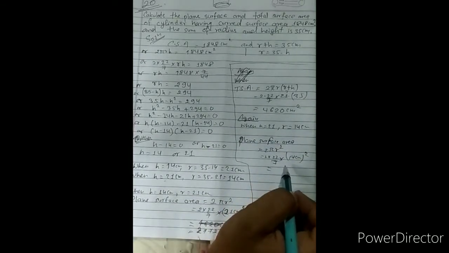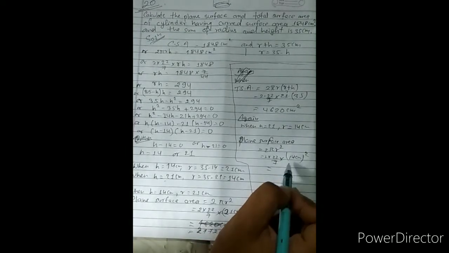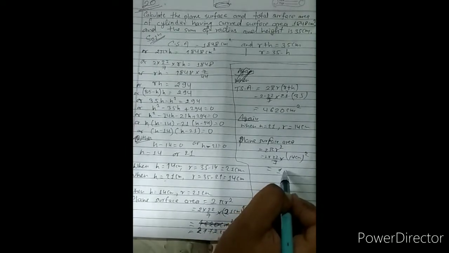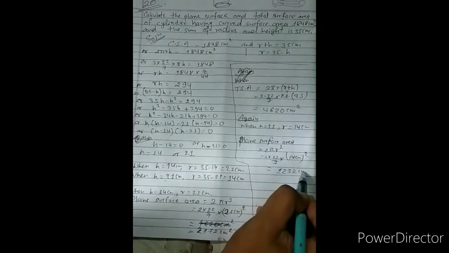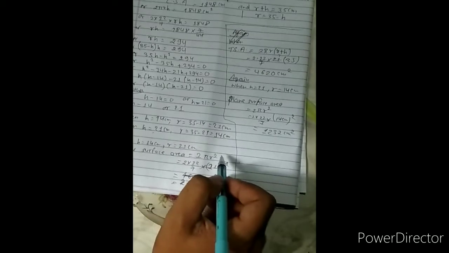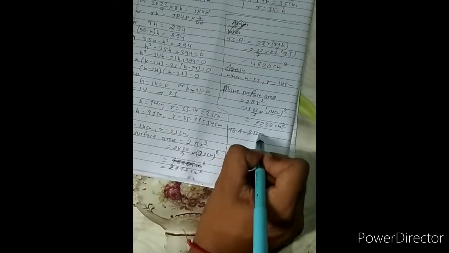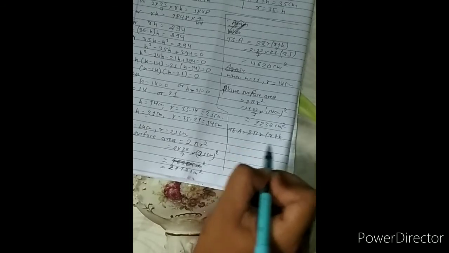And when we solve this, we get 1232 centimeter square. After finding plane surface area, you can find TSA, 2 pi r into r plus h.